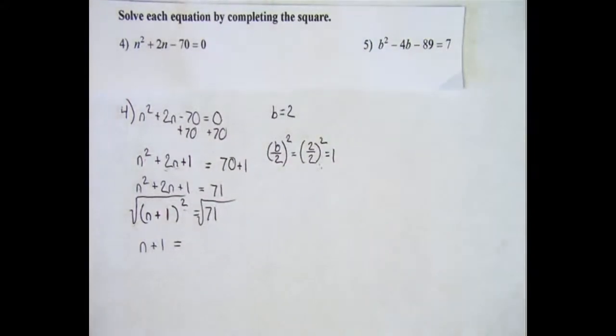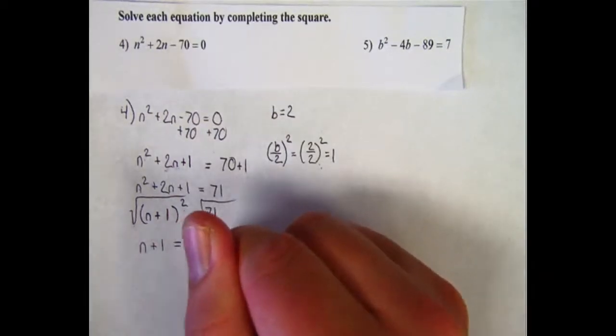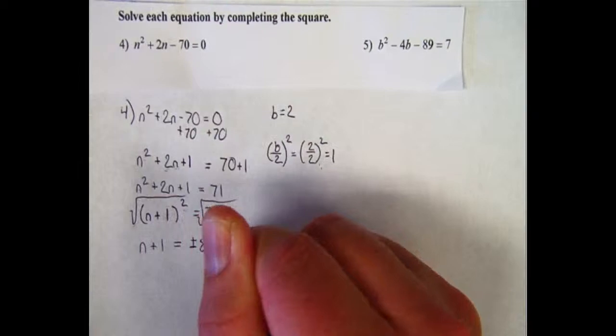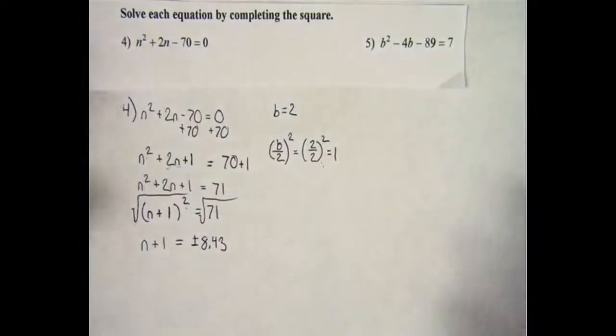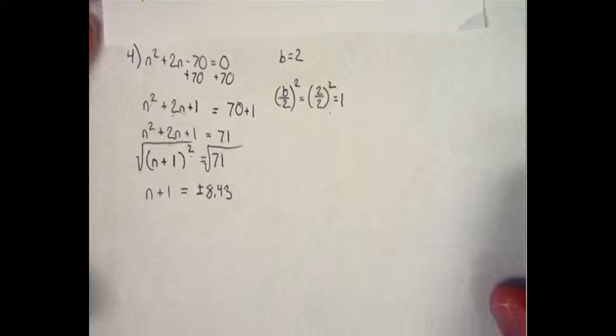Let me grab a calculator. And I find that the square root of 71 is going to be 8.43, roughly, but it's going to be plus or minus 8.43. So now what I need to do is set up two problems from this.